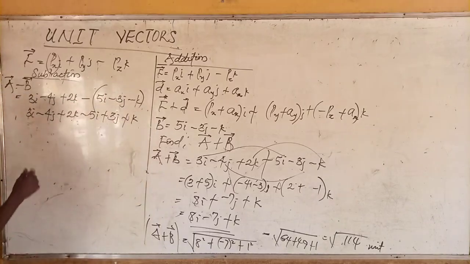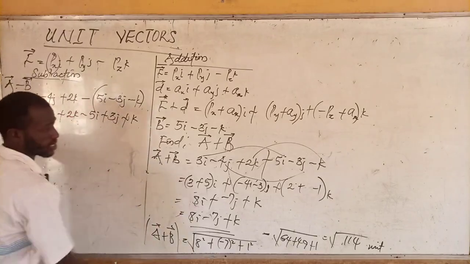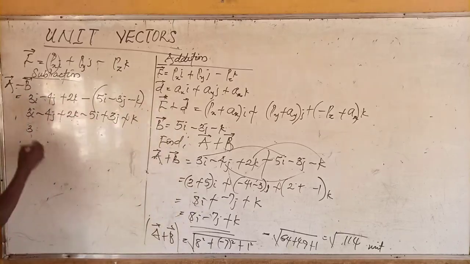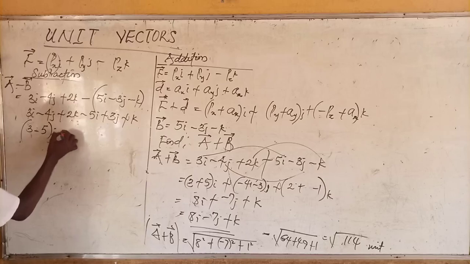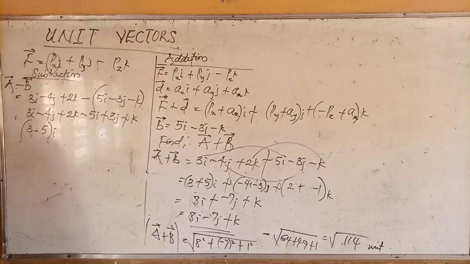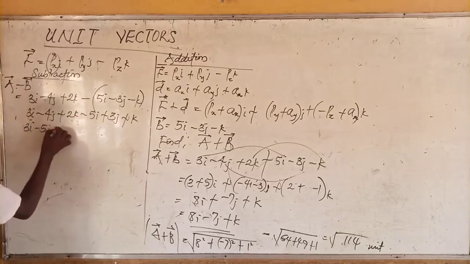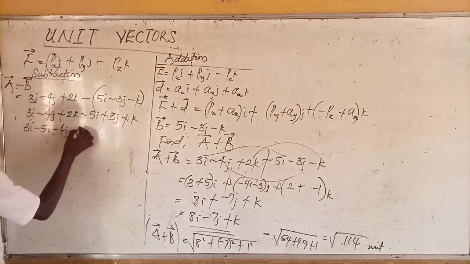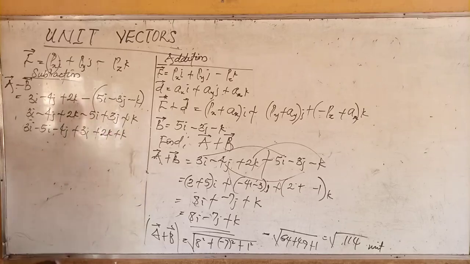Then you begin what we did the other time, more like collection of like terms. Or you can just bring them together this way, 3i minus 5i minus 4j plus 3j, then plus 2k plus k. Does that make sense?